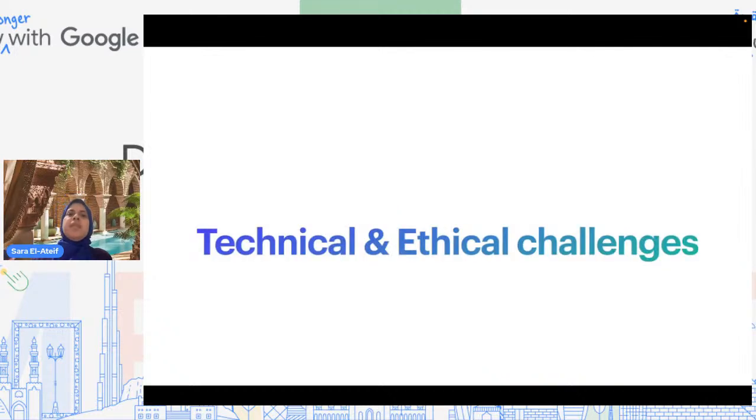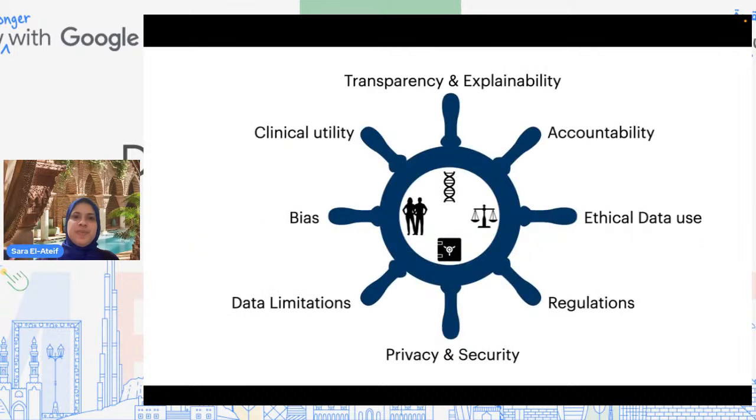So now let's talk about technical and ethical challenges. When developing AI algorithms or AI solutions, we, the machine learning people, when we try to develop these kinds of tools, usually only think about the performance of the models.